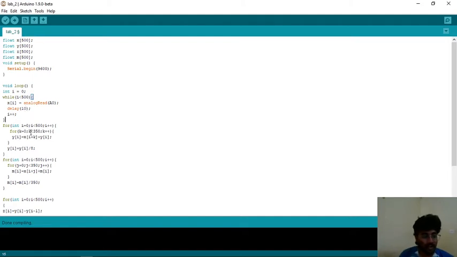Now for the moving average filter, we again determine the integer i equal to 0 and i less than 500, such that the loop keeps running.